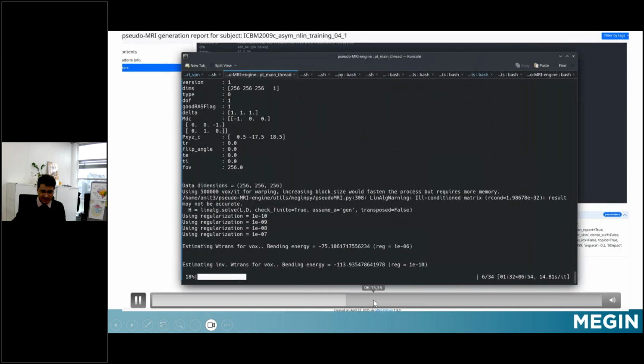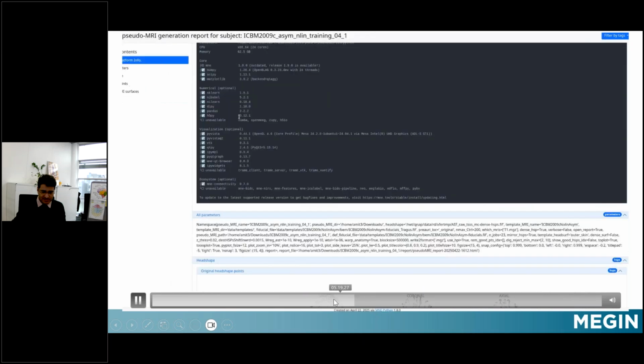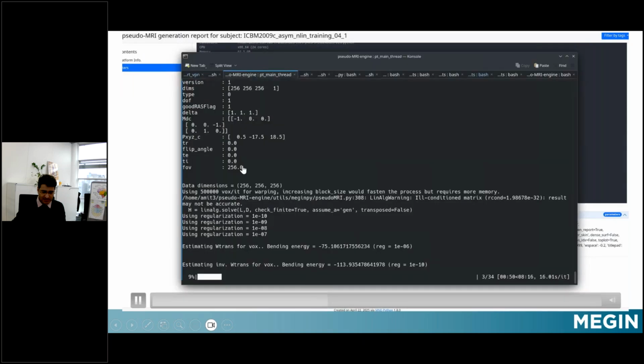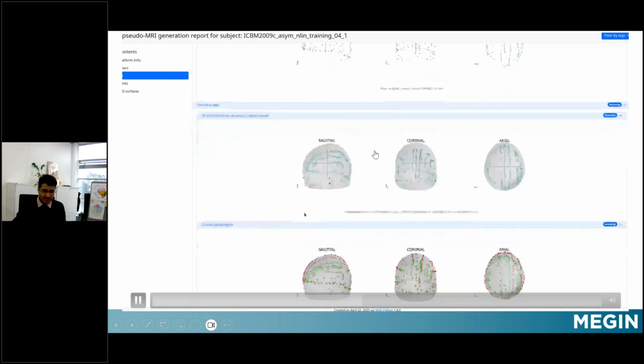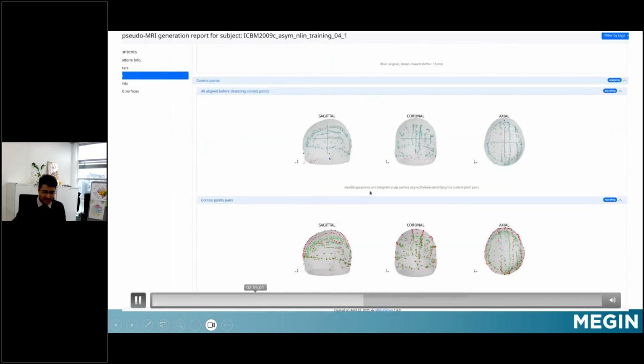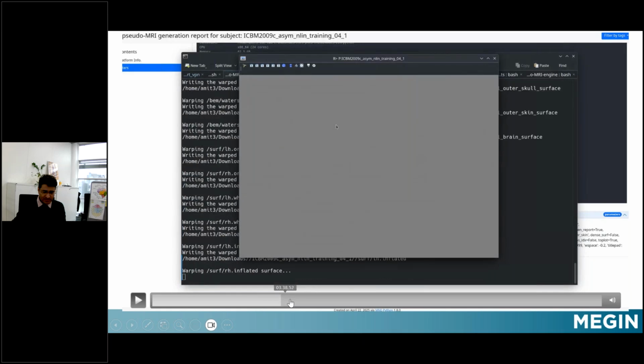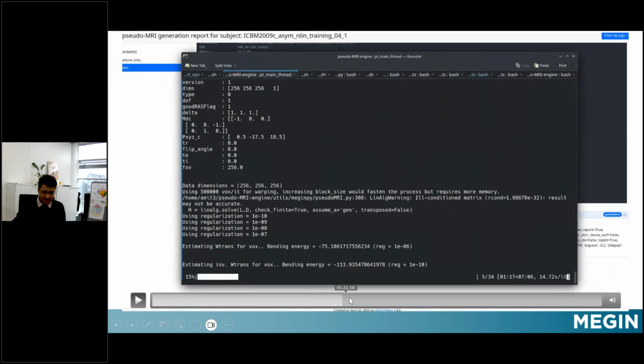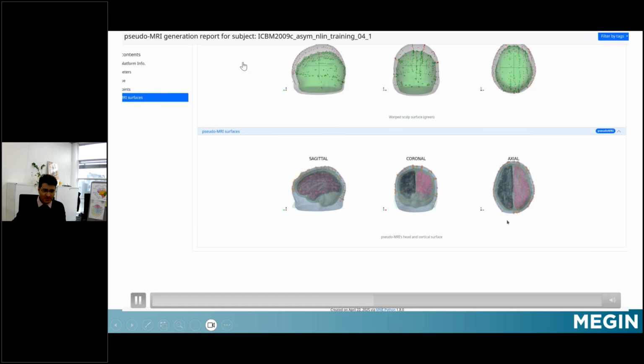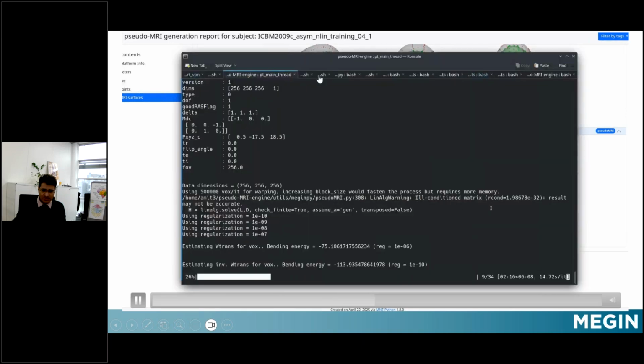Meanwhile it also opens this report. Now I will stop at this report, and in the report you can see all those steps, how it goes.